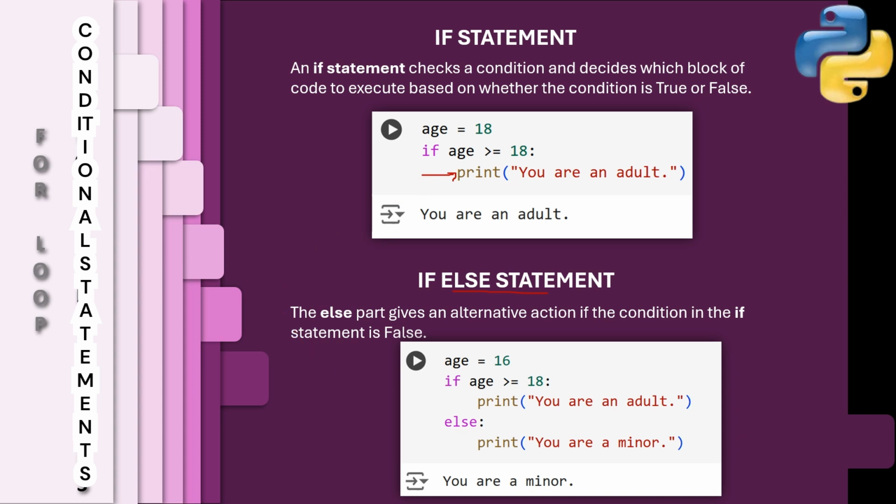Coming to this example, we defined age as 16 and the if condition is age is greater than or equal to 18. As here the age is 16, this if condition fails. So whatever block of code is present under the else block will be executed. As for this example, you are a minor will be printed.